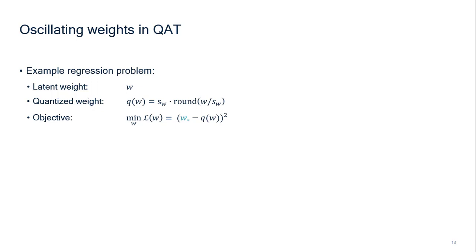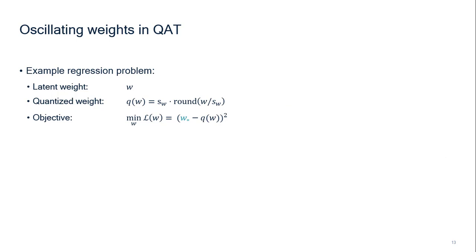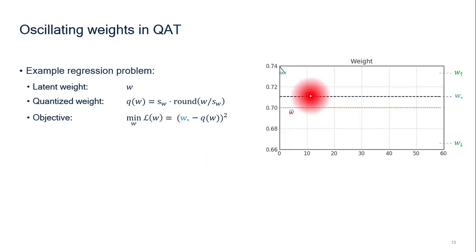On the right, we see what happens during the optimization with gradient descent. In the blue line, we see the value of W, so this is our high precision weight. The green X's show the value of the quantized weight. The target value is the black dashed line, and the red dotted line is the decision threshold. So above this line, we round up, and below this line, we round down.